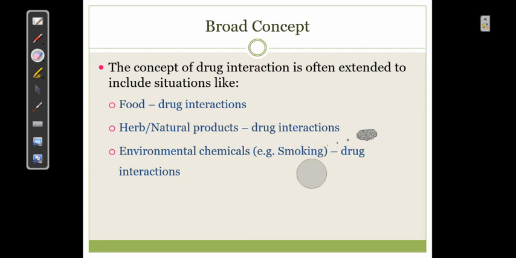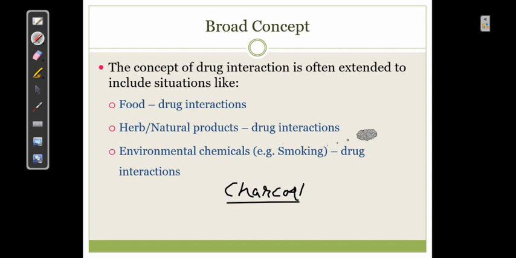A few years ago I went through a research article where they mentioned the effect of charcoal. Now normally charcoal is not taken as an environmental chemical or as a food, but most of us are vegetarian, so definitely. But say, for example, if a person is eating non-vegetarian and going for a barbecue, in such a case there will be presence of charcoal because of the smoke, right?